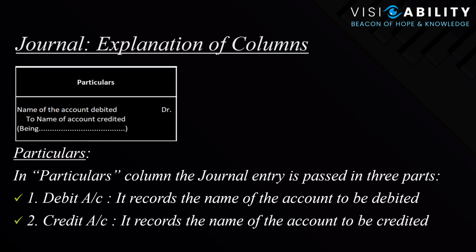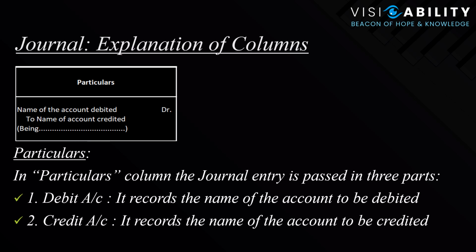The next column is the particulars column, which is the main column where we do all the entries of a particular transaction. That's the most important column. Please remember that on the line on which you've already written the date, we continue on the same line in the particulars column. The first thing we write on the very first line is the account that's going to be debited.